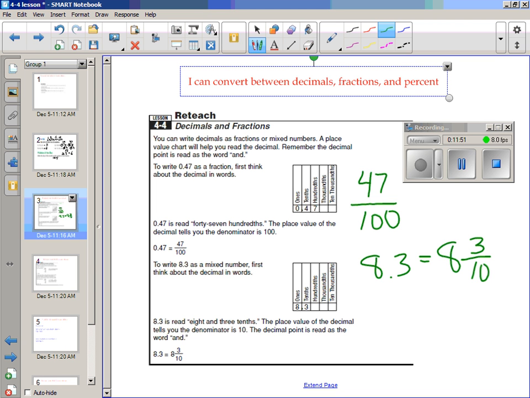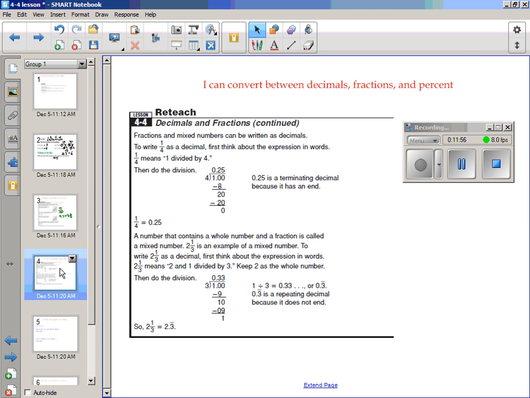Is that correct? Okay. Now, the other piece that we have to do is be able to go from fractions to decimals. And this is going to bring back some bad memories for some of you because it involves division.